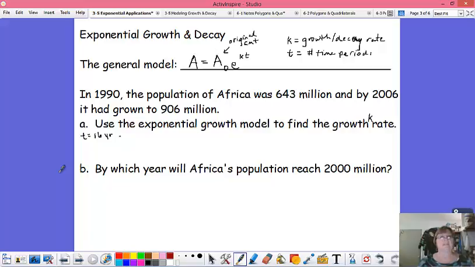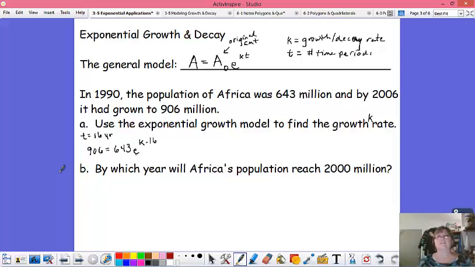Then we can use the value of k to continue making predictions about the situation. But for us to get it, we're going to remember the growth model. And it says that the growth that you have now, and the now for us is 2006, 906 million, will be the same thing as what you started with, 643 million, times e raised to the kt power. And t here is 16 years.